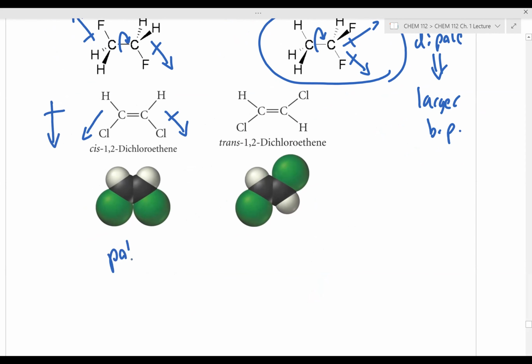The trans isomer, the dipoles cancel, so it's non-polar. And if we compare a polar molecule to a non-polar molecule with the same molar mass, same molecular weight, which one of these two molecules has a higher boiling point? Polar, yep, by far. And that is why you can separate these two isomers by distillation.